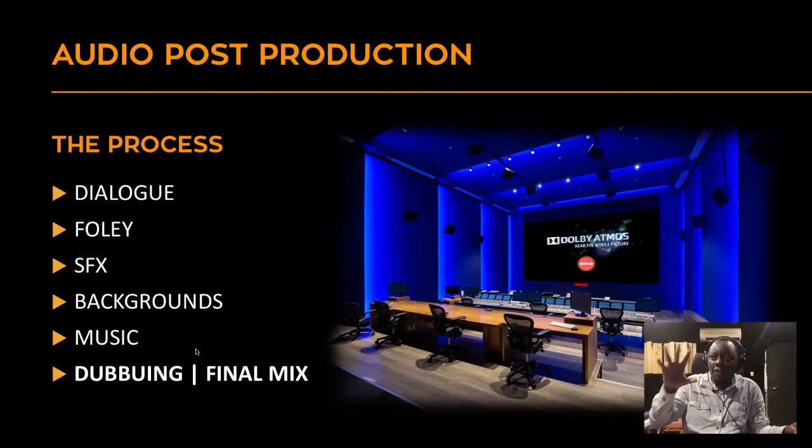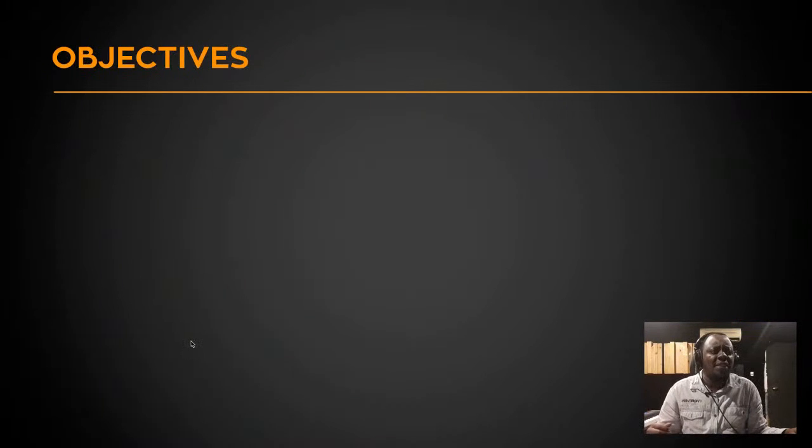So these are the different processes that are in audio post-production. What are the objectives? What are the things that we want to make sure are achieved at the end of this process?